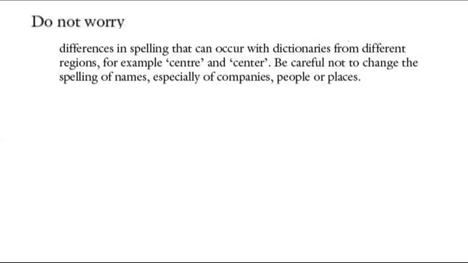But when you write this word in MS Word, there will be a spelling error because the dictionary inside MS Word does not follow the rules and regulations of the regions related to Britain. But if you write COLOR, then it will be accepted and there will be no red line under this word. And be careful not to change the spelling of names, especially of companies, people, or places.